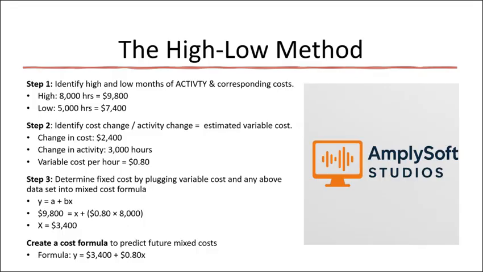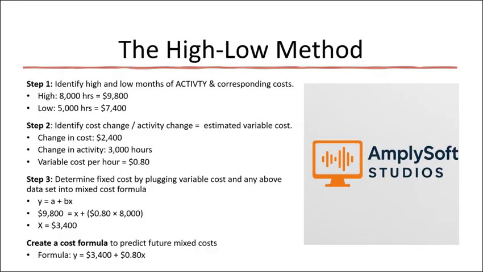The low was 5,000 at a cost of 7,400. Next, we do the calculation, rise over run. Identify the cost change, in this case the difference between 9,800 and 7,400, or 2,400, divided by the activity change, which in this case is 3,000 hours. That yields the estimated variable cost per hour of 80 cents.